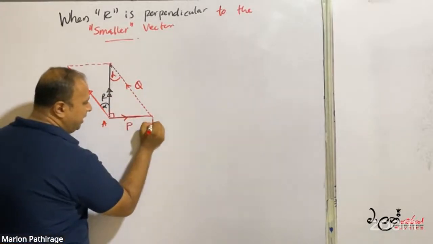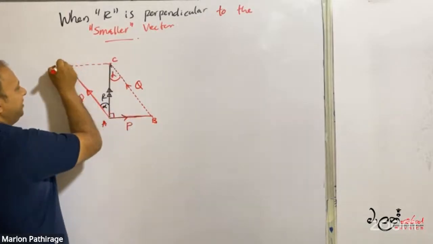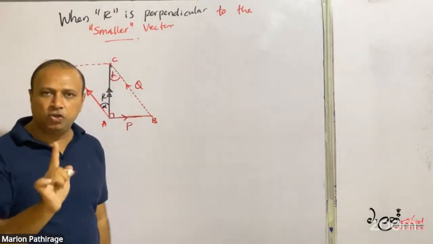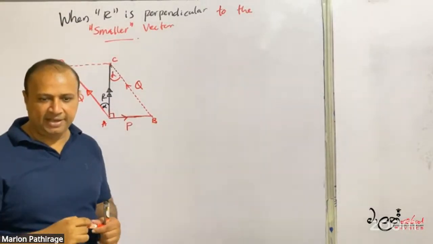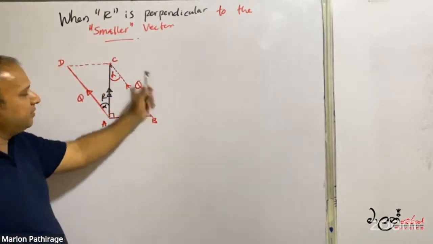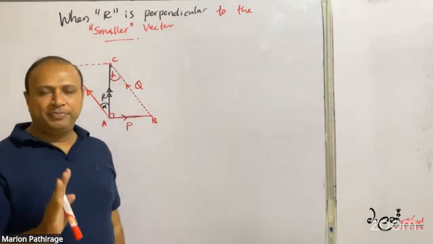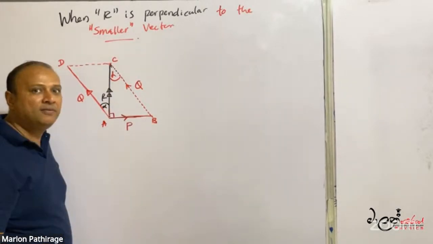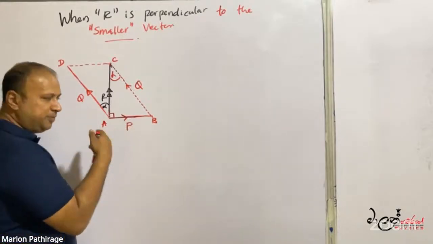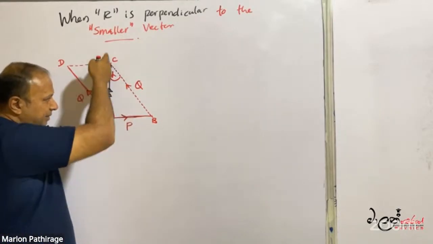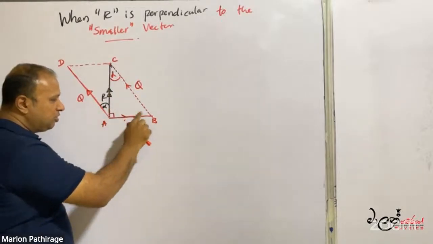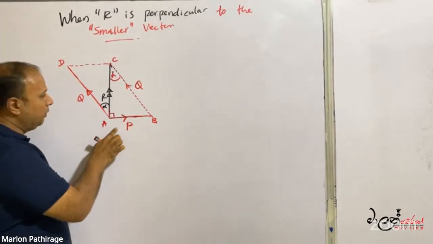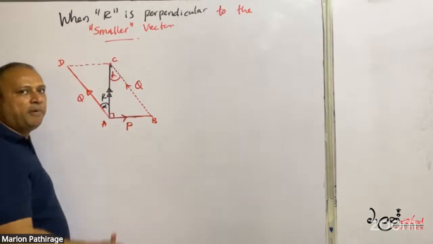Therefore, if we consider triangle ABC, this ABC triangle should be a right angle triangle. So in this case, R, the resultant vector, is perpendicular to the smaller vector. If it is perpendicular, then definitely the parallelogram should be like this.